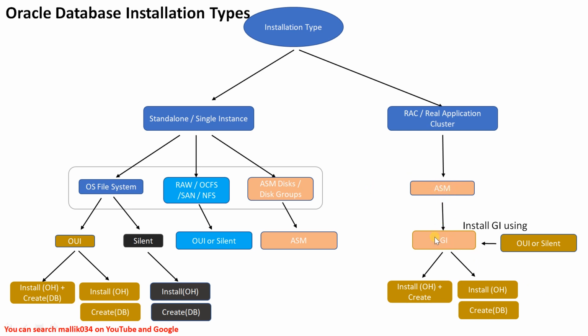And then this GI installation can be done either in OUI or silent mode. Once you install the GI, on top of that you can go ahead with Oracle home creation and database creation, or Oracle home installation separately and database creation separately, or even use silent mode installation here. That option is also possible.